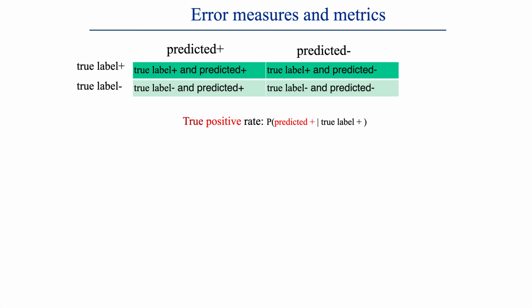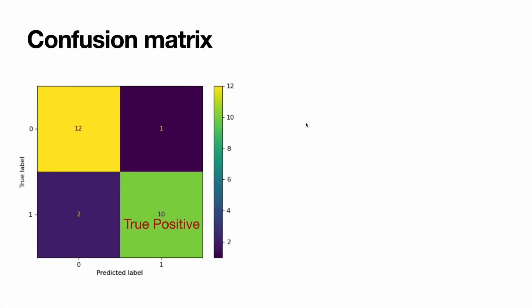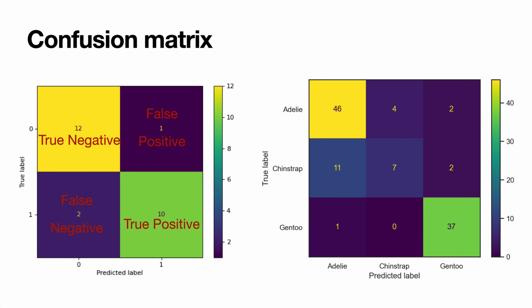So in general, we want to have a high number of true positives. This is called the true positive rate, right? So if you take those numbers back over here, right, and divide them, so take this 46 and divide it by the total number of Adelie penguins, that's the true positive rate for Adelies.